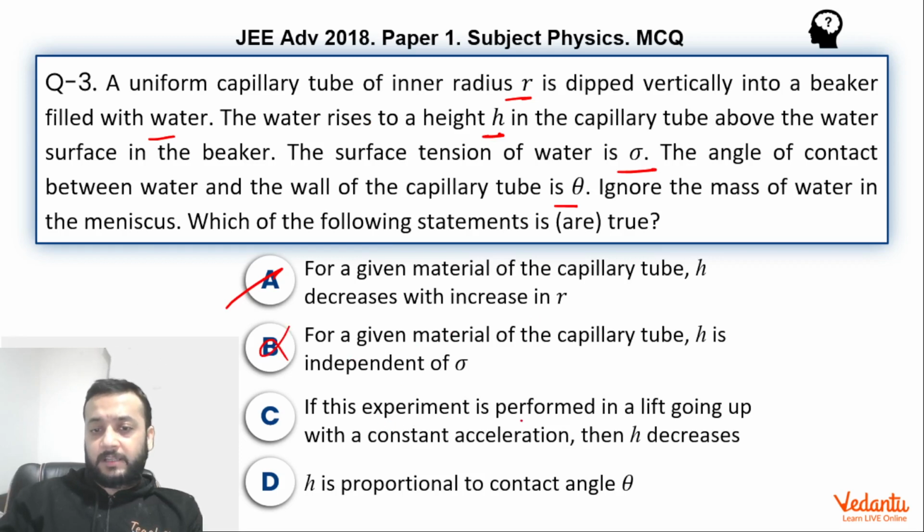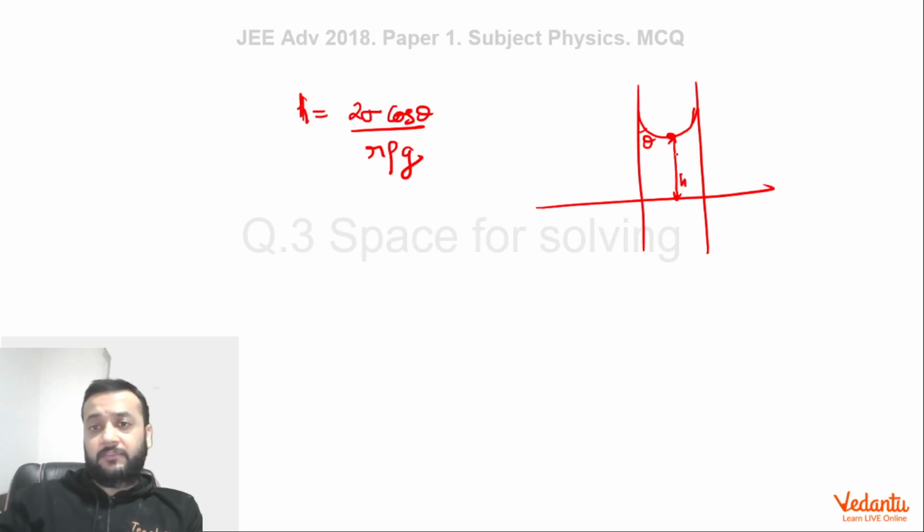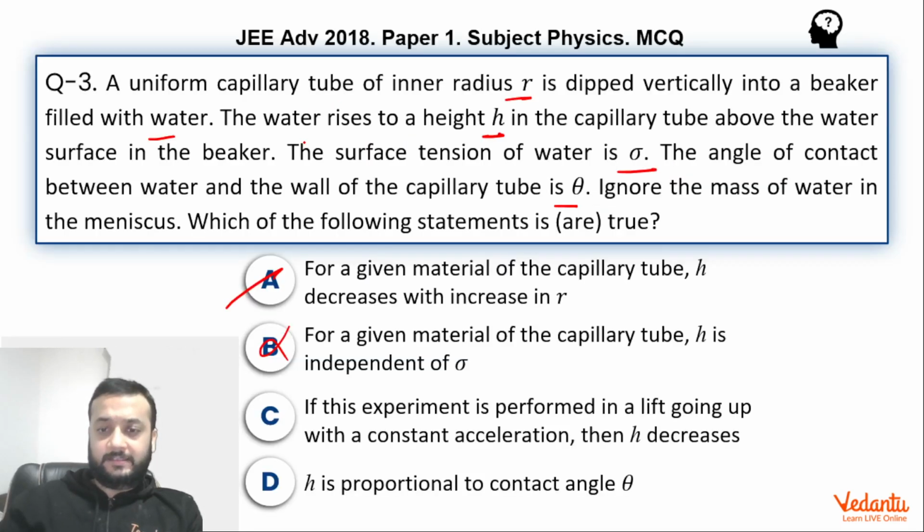If the experiment is performed in a lift going up with a constant acceleration, then h decreases. So if the lift starts going up, then we realize that gravity will become g plus a, right? Gravity will become g plus a, and hence the value of g effective will increase, so h will decrease, right? So option C is right.